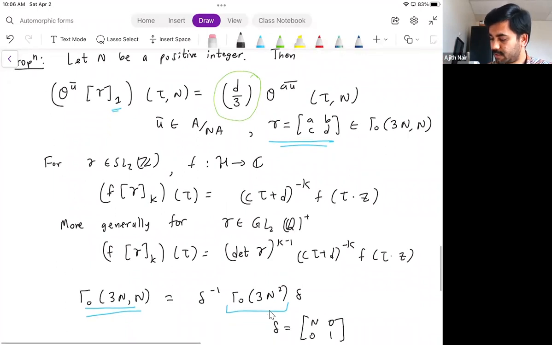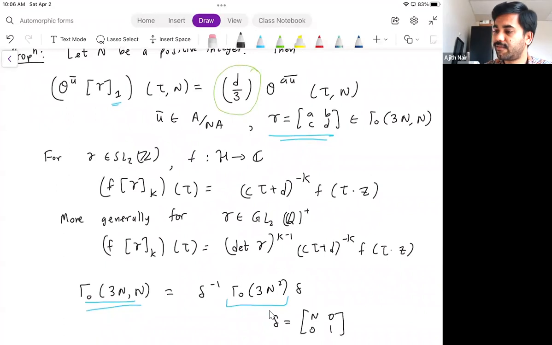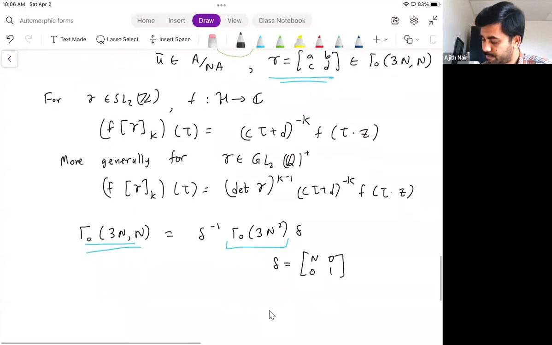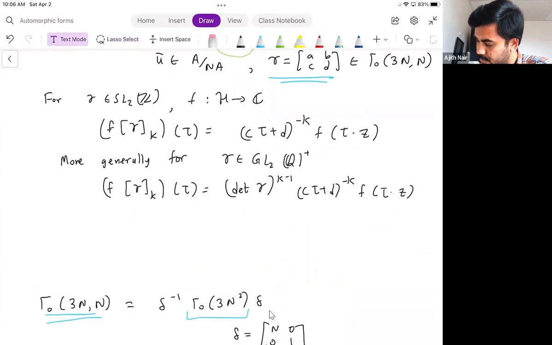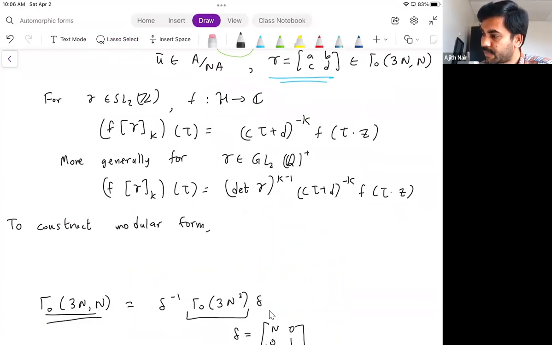So the point is that we have this kind of a transformation property. And now, to construct a modular form, we need to conjugate and then symmetrize.